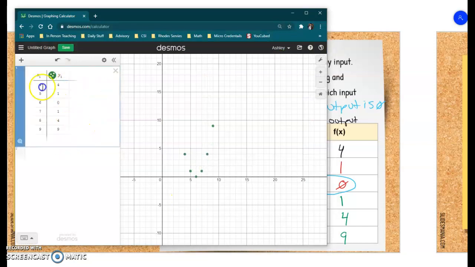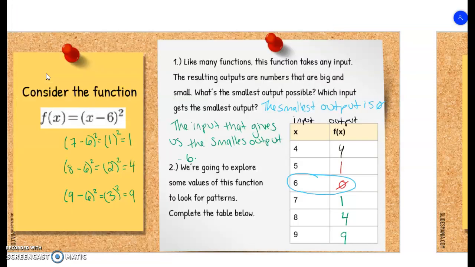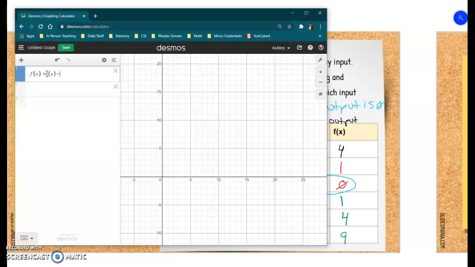Now that I've graphed it and showed you, we're going to type f of x, or you can type y, equals (x minus 6) to the power of 2. To get that power of 2, you can hit Shift 6.